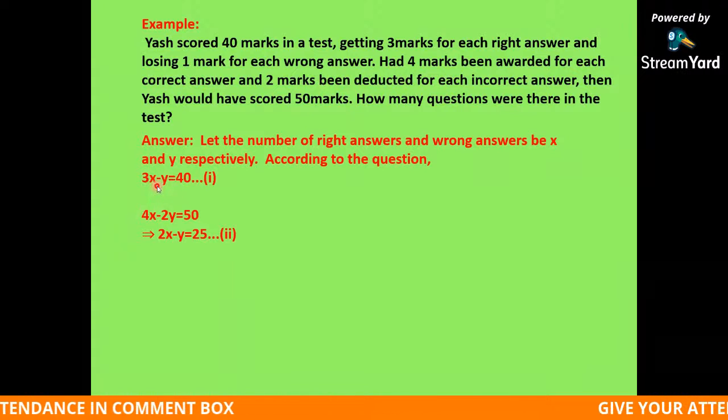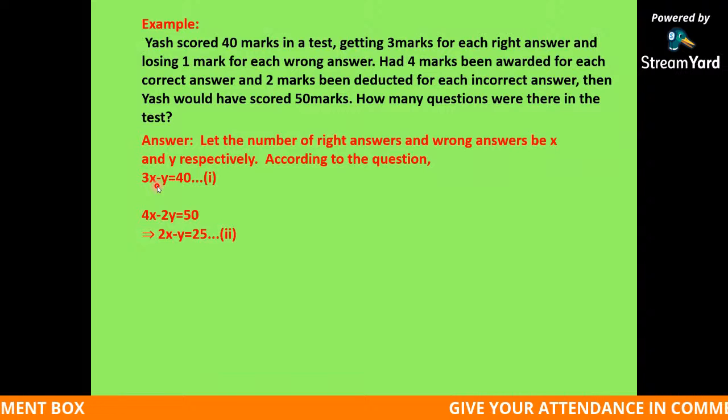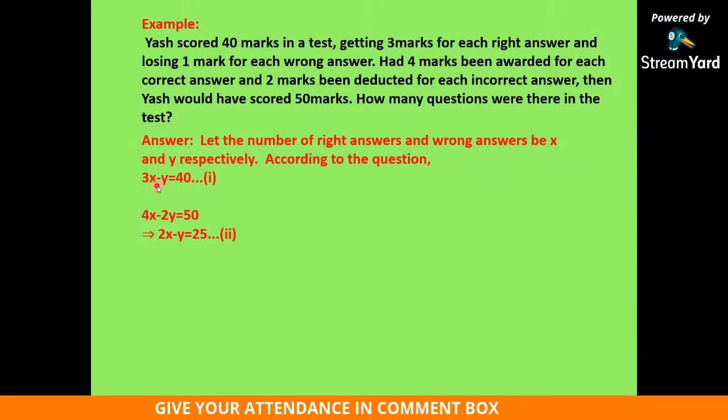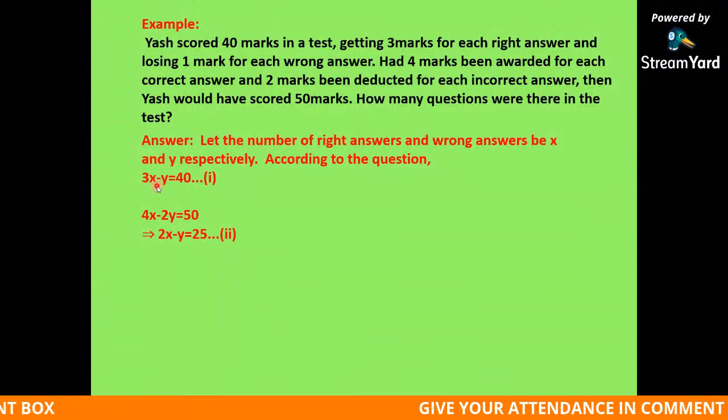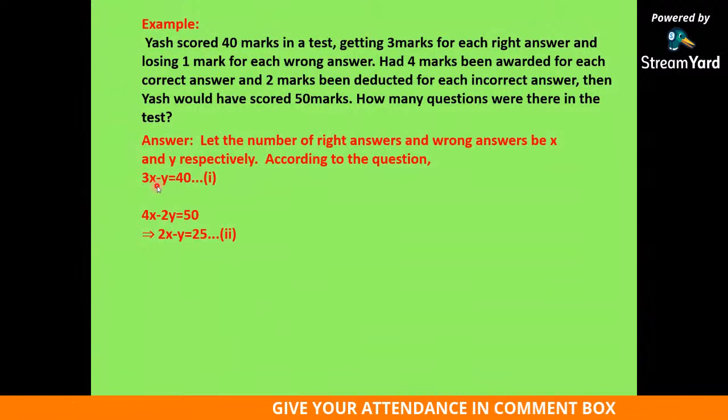Here, the total marks scored by Yash, how much we don't know, because out of the total marks he has scored, the marks have been deducted. The questions which he has written wrong have been deducted.